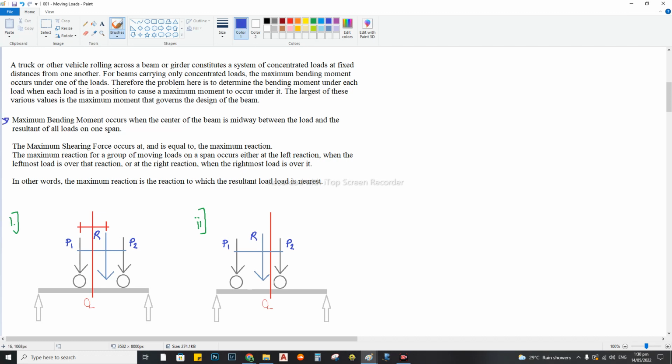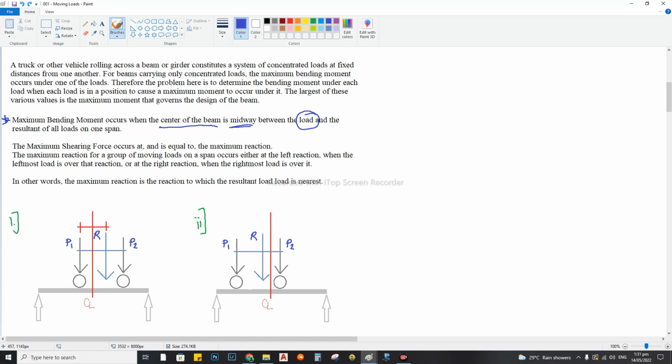At this point, the maximum bending moment occurs when the center of the beam is midway between the load we are discussing and the resultant of all loads, meaning the total of all loads. So this is for one span, for determining the maximum bending moment that occurs in the beam.